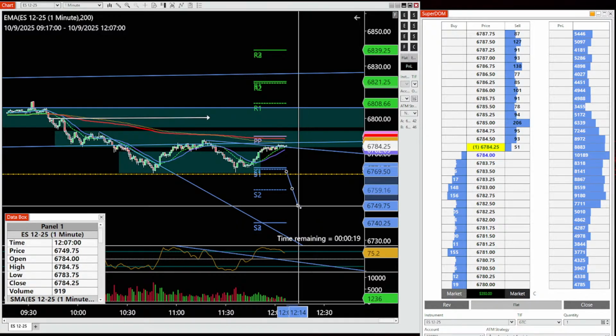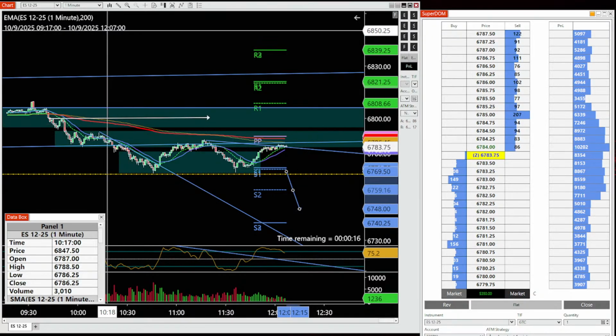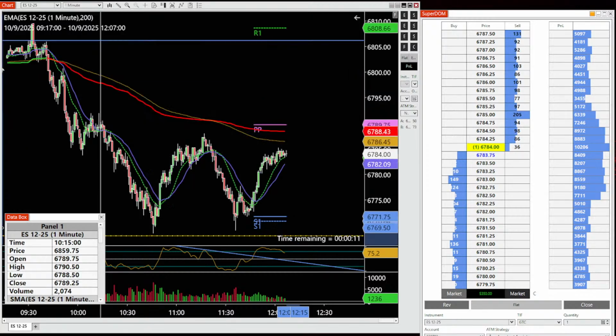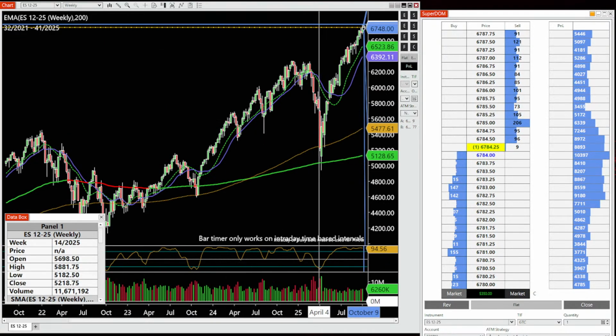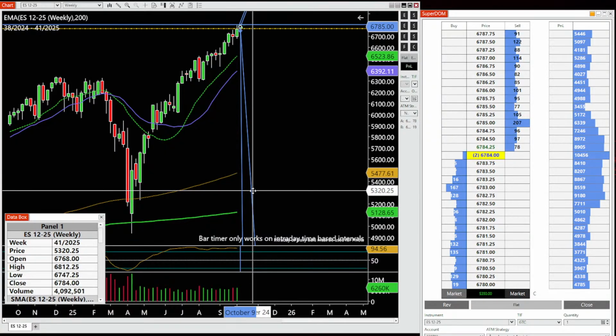But I say 48 because if I put this on the weekly, I don't know if that arrow is going to show on the weekly like I think it could.